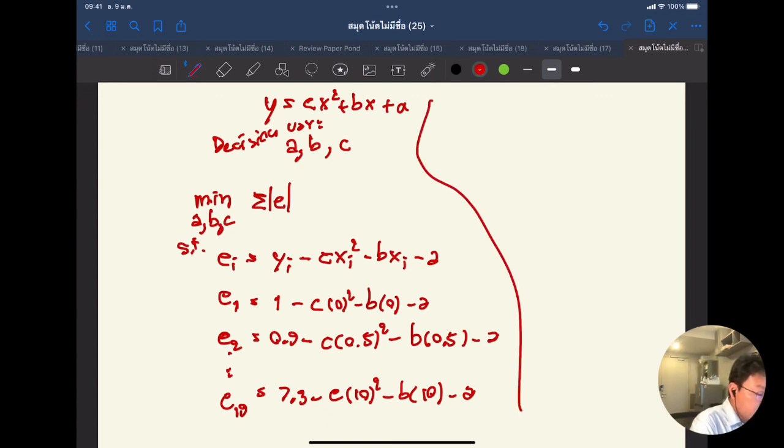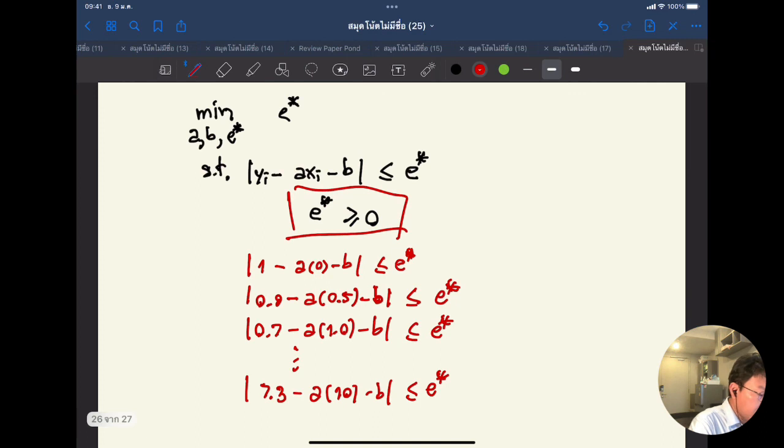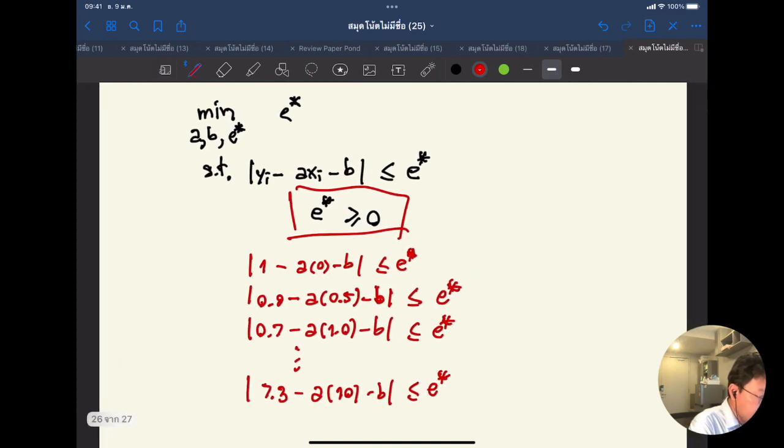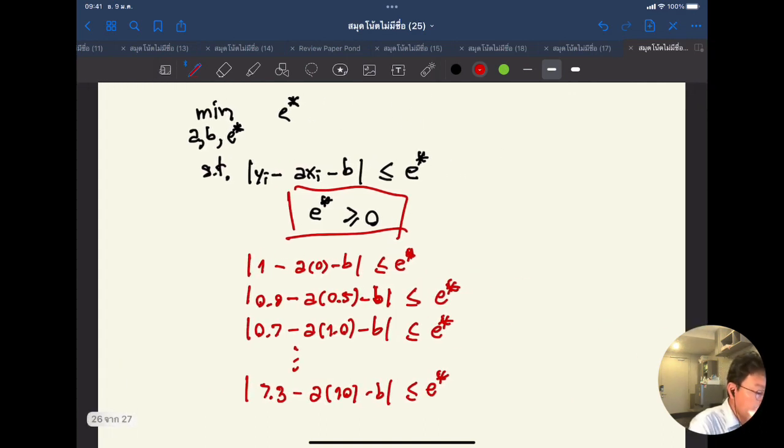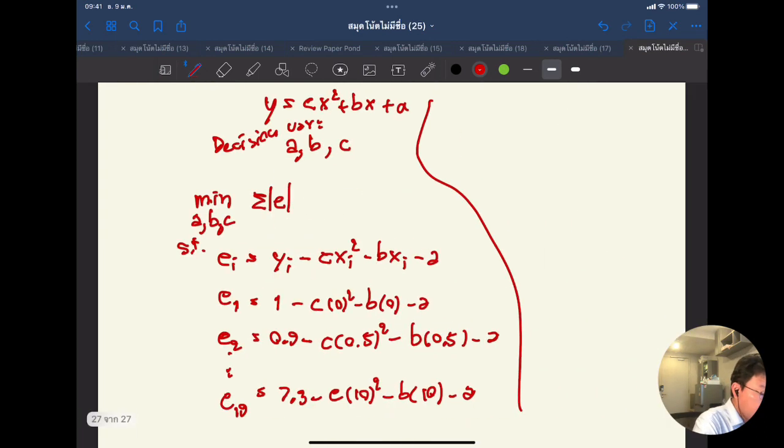So, and if we repeat using the same strategy as minimax, right? Minimize the maximum deviation. We repeat the same idea. We minimize A, B, C, and E star, and we want to minimize E star, right?